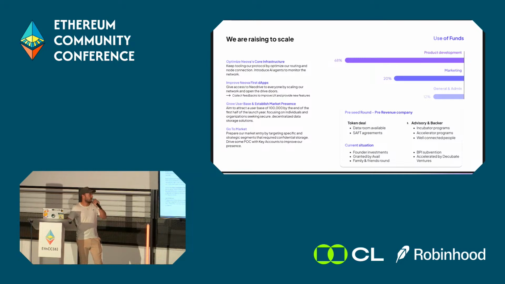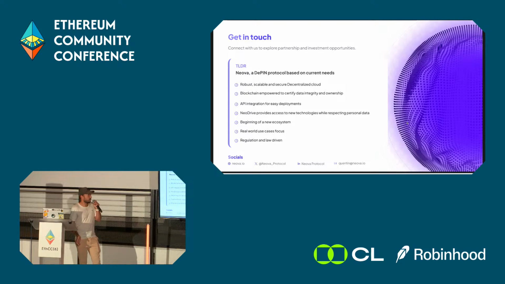We are also raising, to scale our team, because we want more development power to build more solutions and use cases. Every application we build, like the drive and the electronic signature system, is meant to address a real use case in the real world and not just be another product. We collect feedback from companies. And that's it. If you have any questions, feel free to ask.